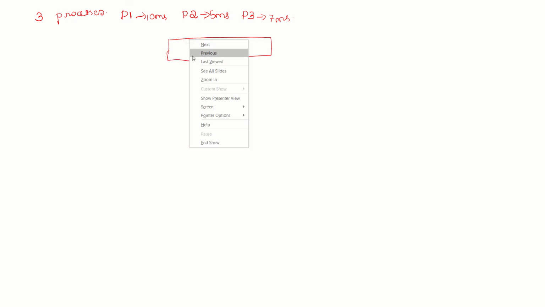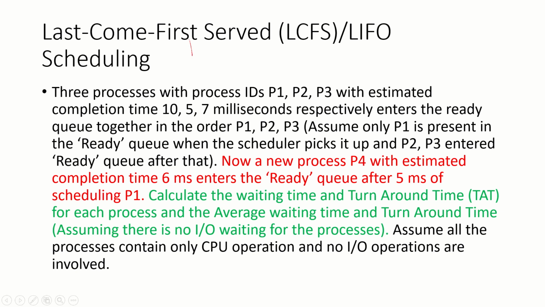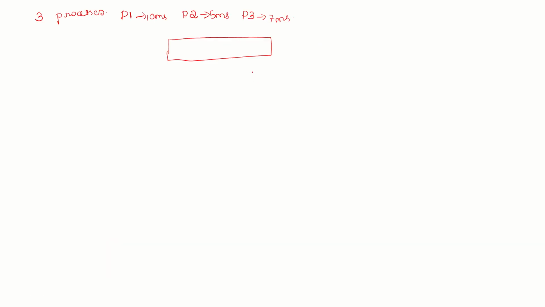Now, let us divide this according to the three processes. First one is P1, next one is P2, and the third one is P3. We have written that. Now, what is given?